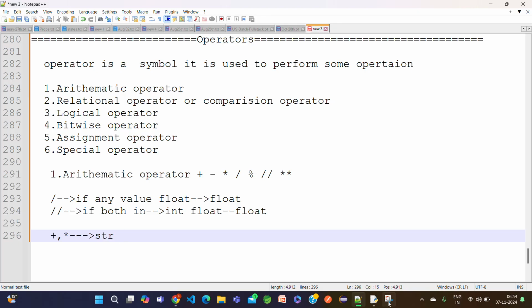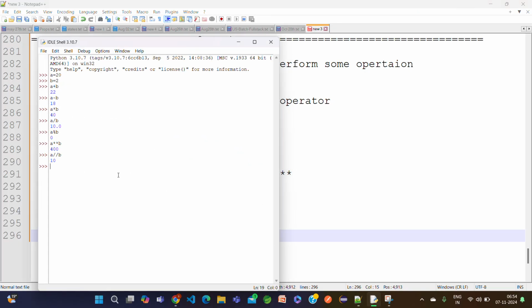For example, if I use Satya plus 10, we get an error. Why? One is str type, one is int type. It's not possible; both should be string type only. If I write 10 as a string, that is fine, and we get Satya10.